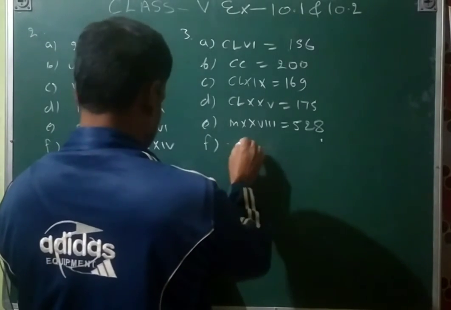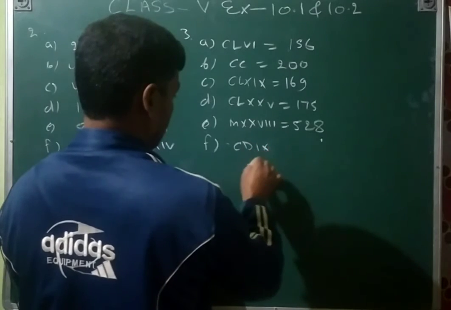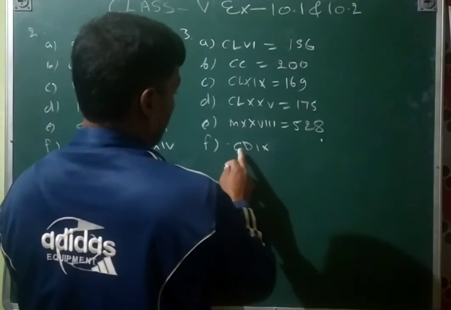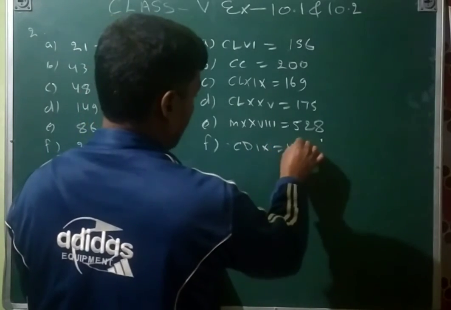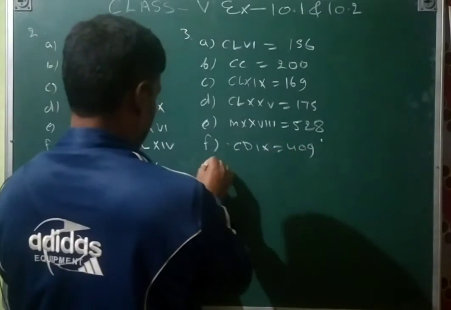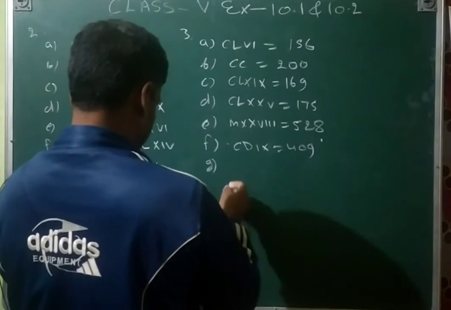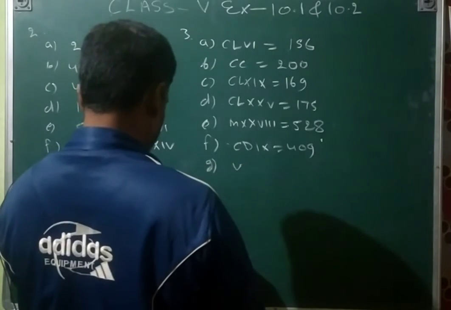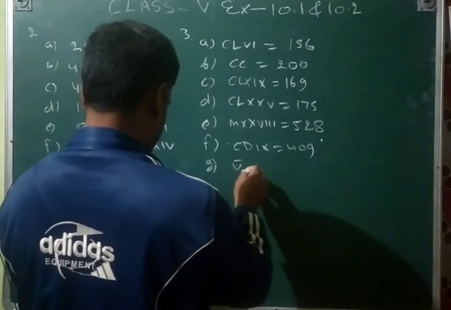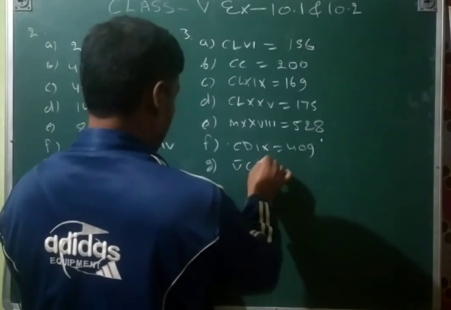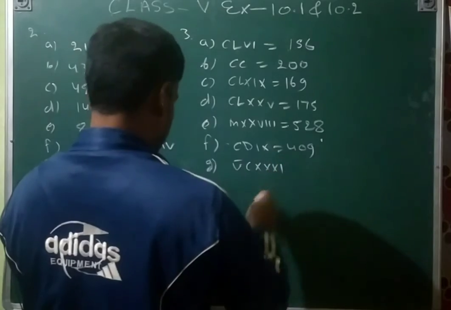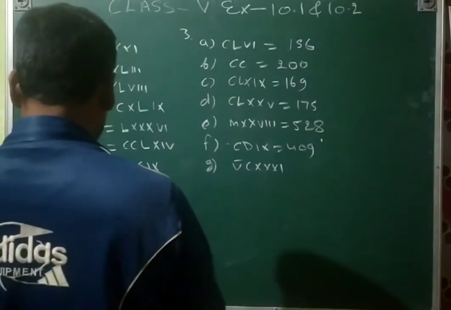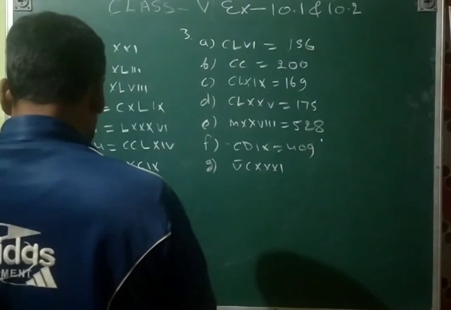F part, CDIX means D means 400 and then 9. G part, V, C, triple X, I, that will be 10.2.